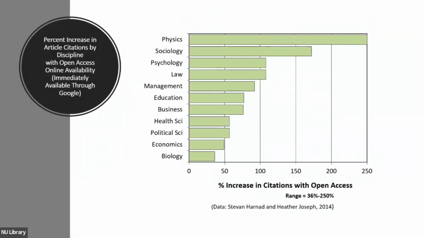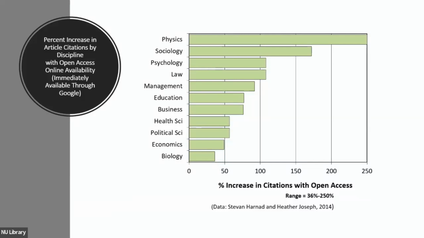So stepping back here, this chart gives you an idea of the increase in citations with open access in disciplines. Just by going through the process that I showed you, adding the metadata, putting that online through a digital collections repository, you can see there's almost a 40% increase in citations for articles in biology, 50% for economics, 65% for business, over 110% for law.